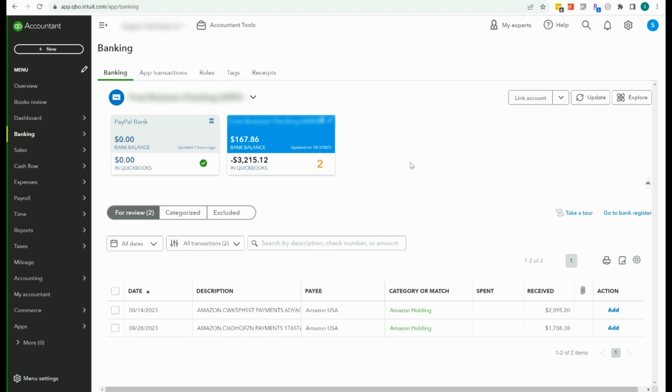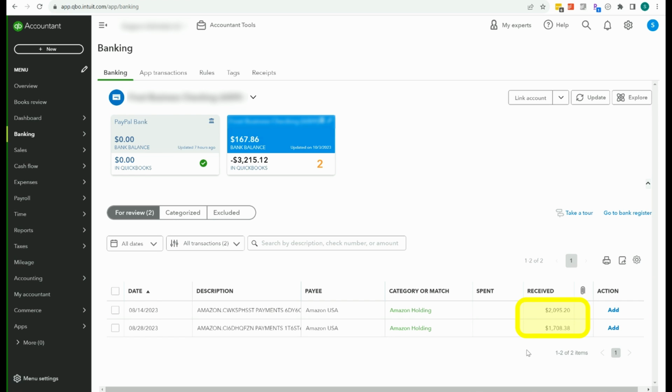As an Amazon seller, you're obviously going to start to get deposits from Amazon from your sales. After you've linked your business checking account to QuickBooks and those deposits start to come in, most people want to just categorize these directly to Amazon sales.